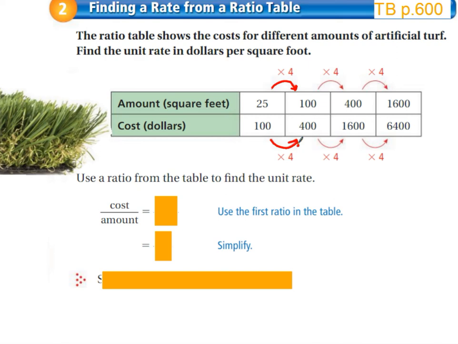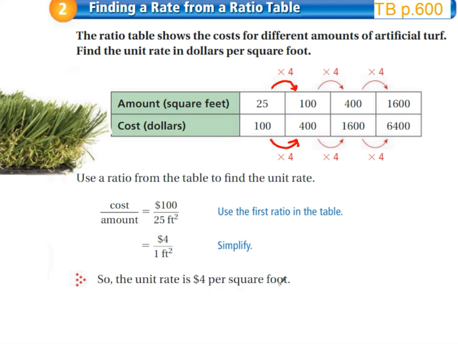So if I wanted to simplify it and find out what the cost is for 1 square foot, I have $100 for 25 square feet. If I wanted to find the cost for 1 square foot, I would divide both numbers by 25, and I get $4 per 1 foot. So the unit rate is $4 per square foot. Once again, nothing new. We've done this before.